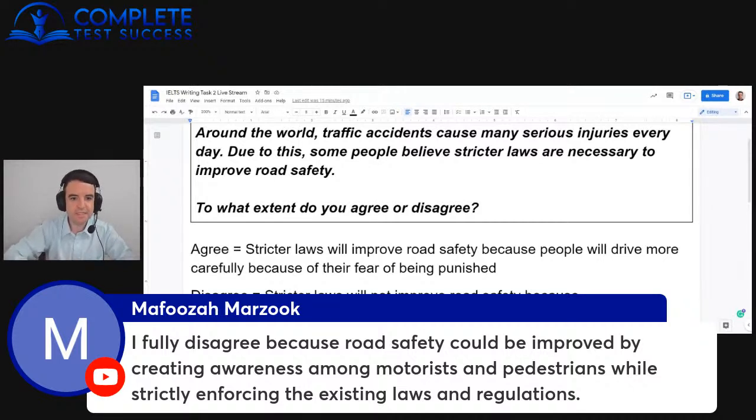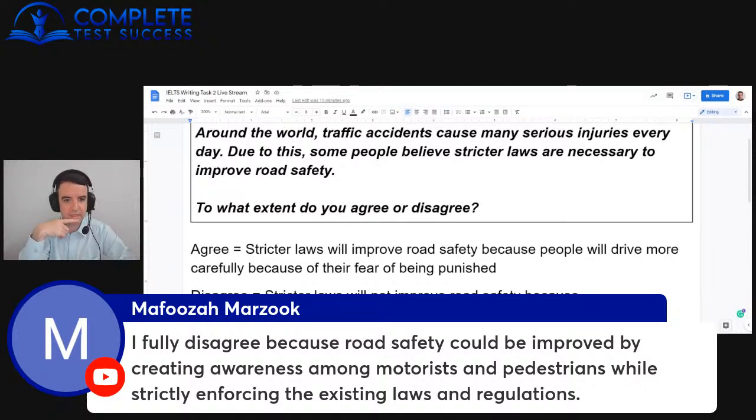The real problem is that people aren't aware that driving dangerously is a problem. So we just need to make people more aware, and that is the solution, not stricter laws. Okay, it's relevant and it's specific.